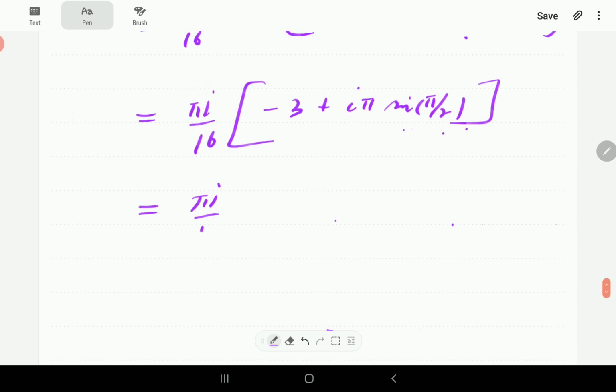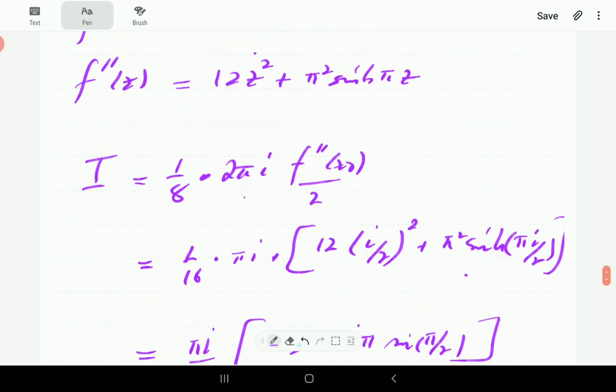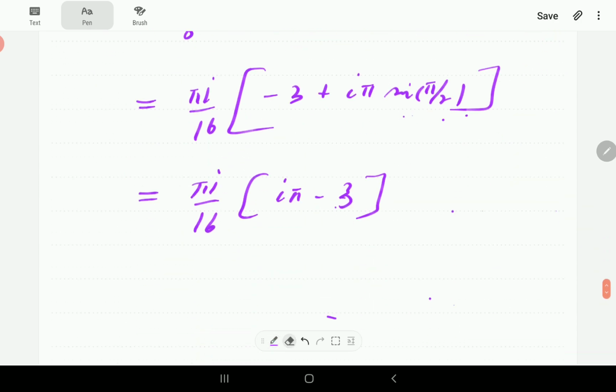So this is pi i over 16, which is i pi minus 3. Actually that's not going to be 16, because we cancelled that 2, this 2 and this 2, so that's just going to be 8 here, 8 there, and 8 there.